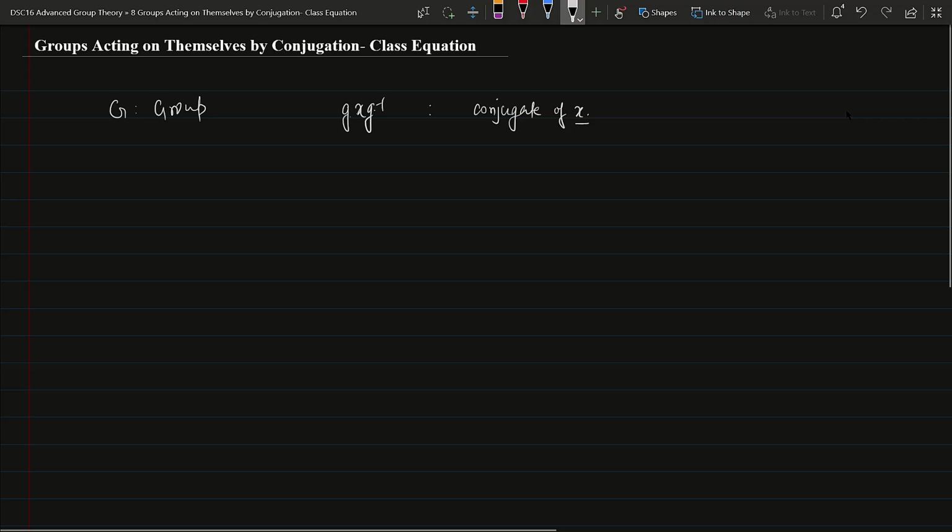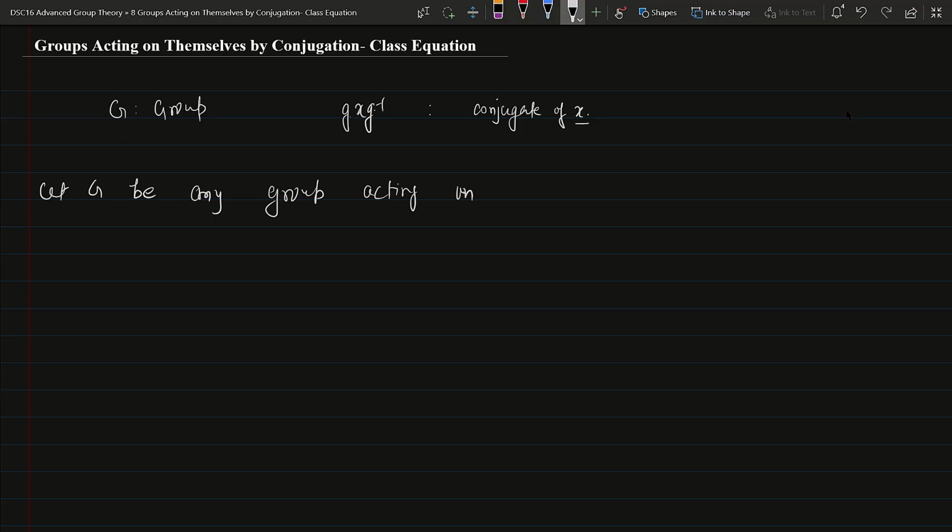Okay, so let G be any group, and G be any group acting on itself. That means whenever we talk about itself, our non-empty set is now G, by conjugation.